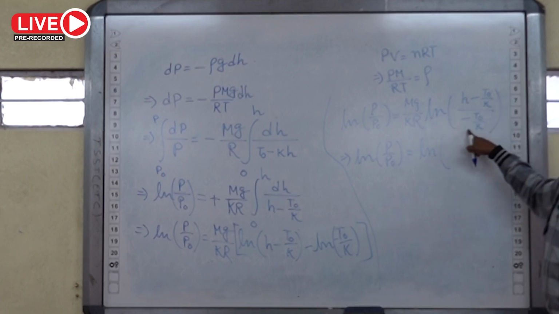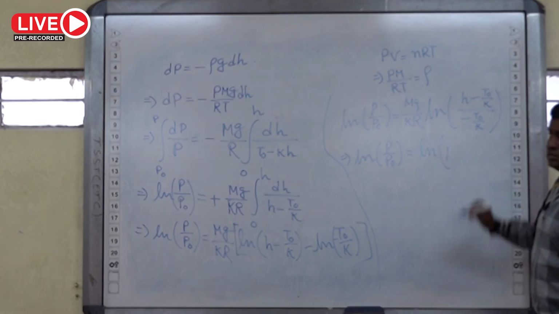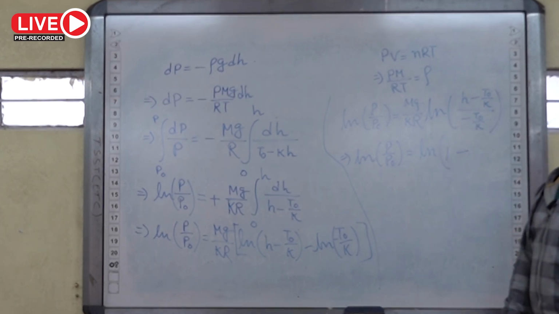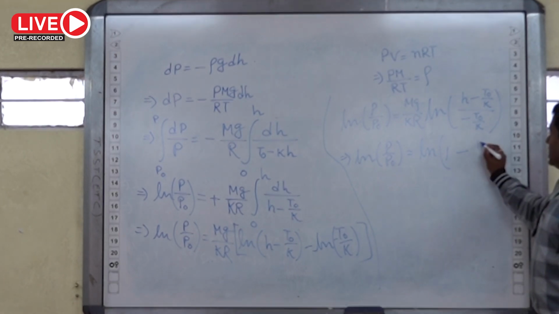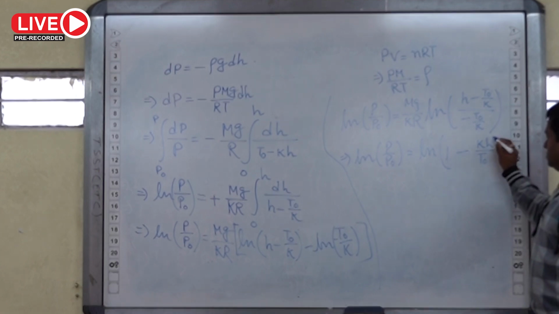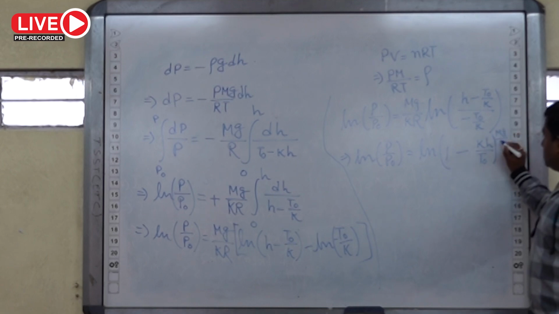So I divide this term first: minus T naught by K over minus T naught by K, that is 1 minus H divided by minus T naught by K, so it will be 1 minus KH by T naught, to the power mg by kR.